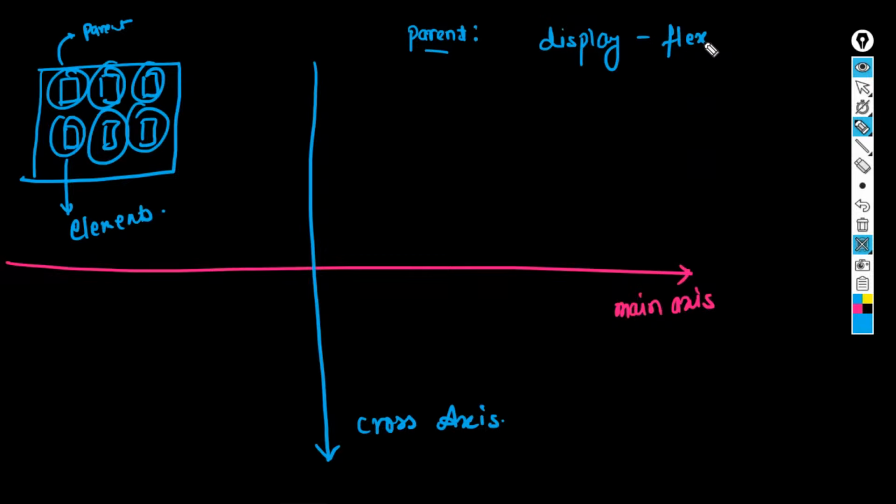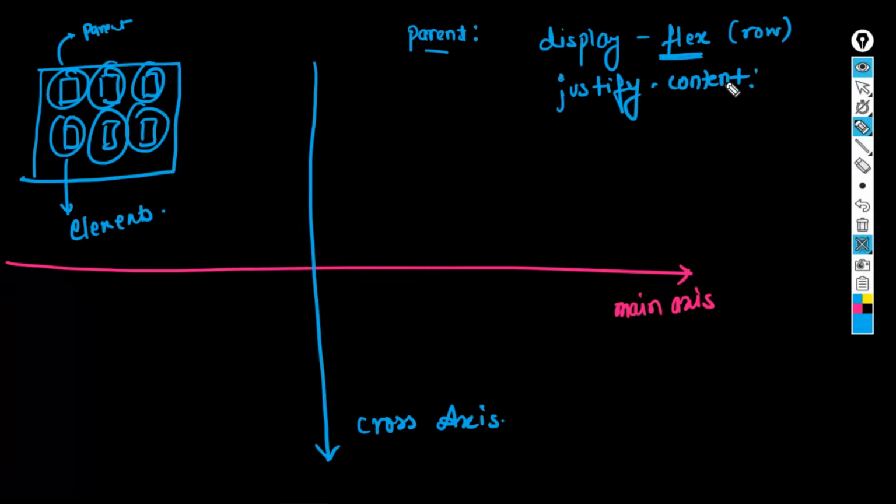Now by default, the display property flex arranges your elements in the row direction. If you want to align your elements in a horizontal manner, then you have to use justify content.